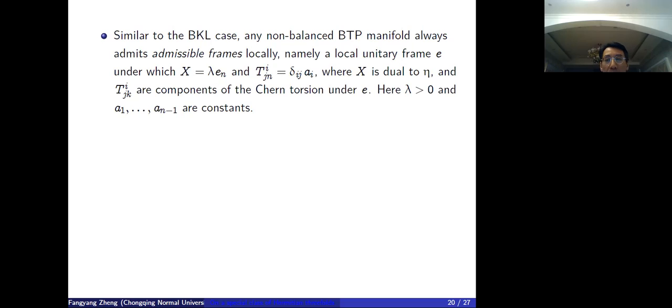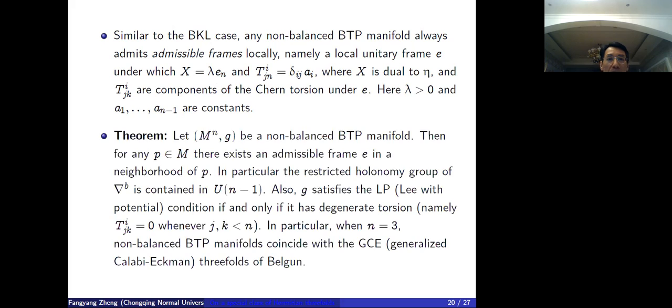For non-balanced BTP, they resemble BKL in structure in many ways. You can find a special local frame, which we call an admissible frame, under which the torsion tensor behaves in a simple manner. Let me give a brief description.